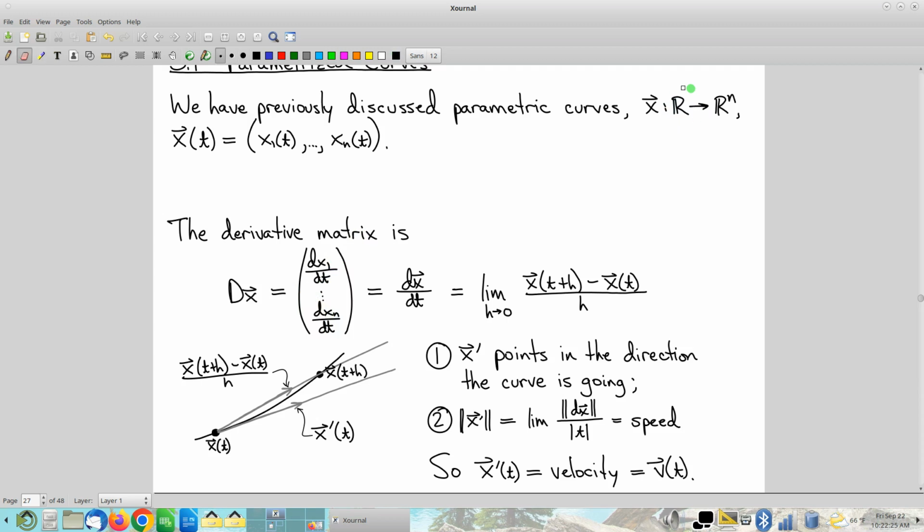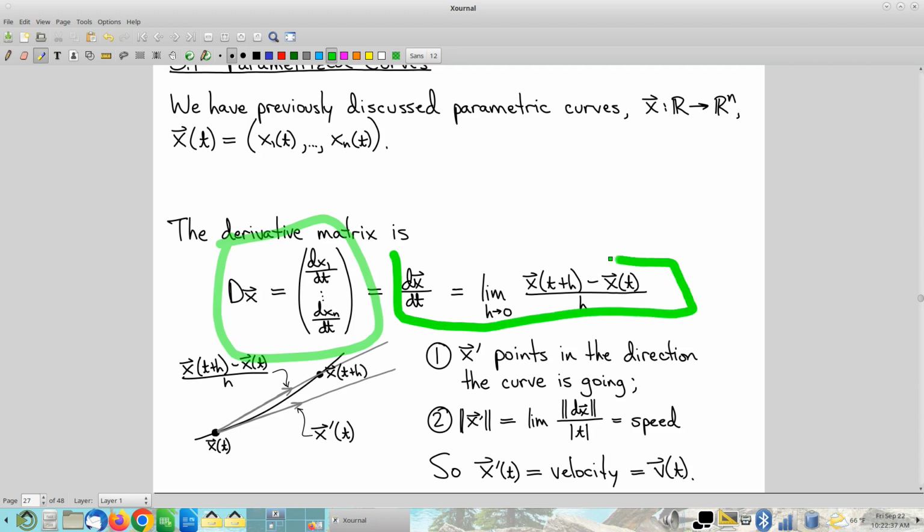All right. So we get this. And then you look at that expression, and my gosh, if they're single variable derivatives, isn't this exactly the same as if we were to literally take the single variable derivative of a parametric curve? Now, we haven't talked about that before, but if you look at this expression, not a derivative matrix, this expression on the right is just the single variable definition of a derivative.